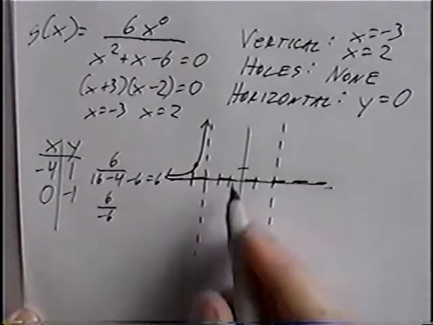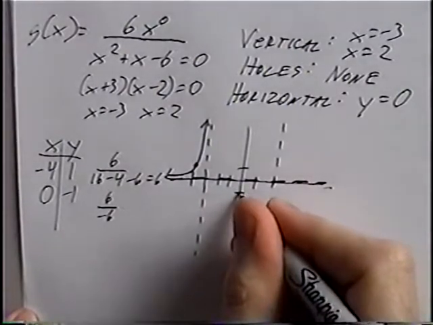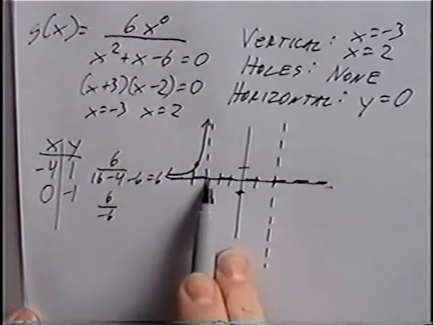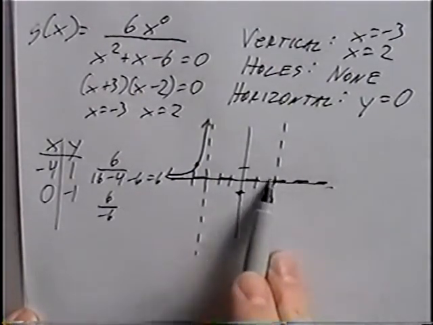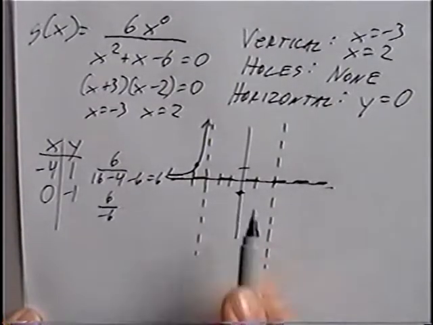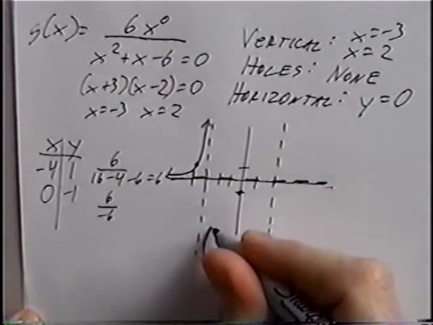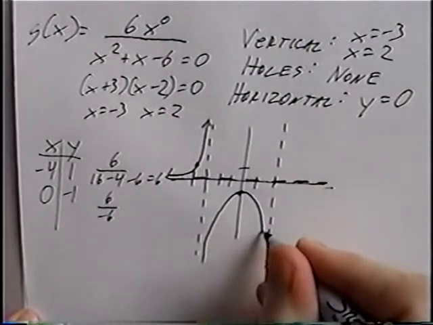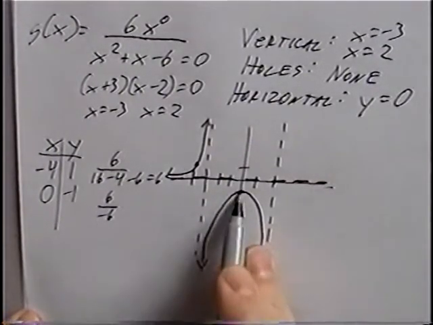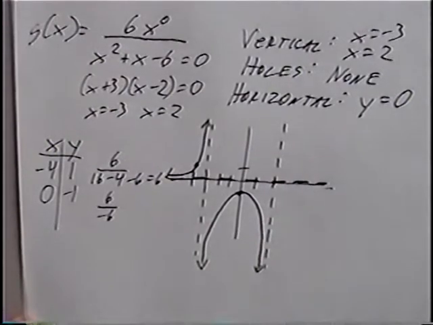So the point in the middle graph is 0 and negative 1. Again, we have a horizontal asymptote at y equals 0, so the graph cannot cross here. We know the graph's on the bottom with that point, so you'll basically have a parabola that goes through that point and goes parallel by the vertical asymptotes and turns around before the horizontal asymptote.